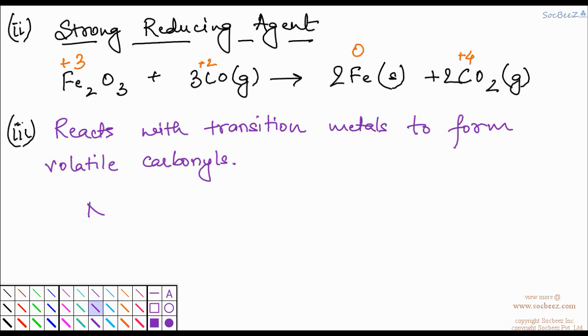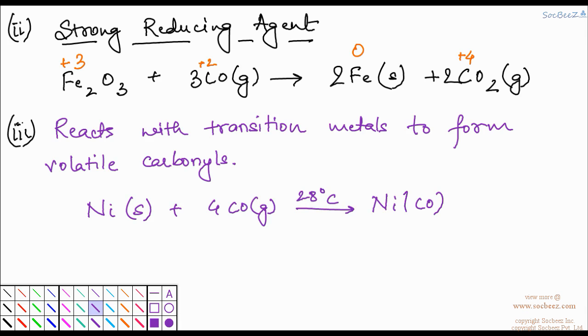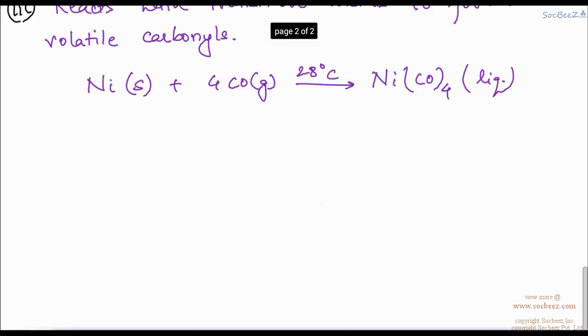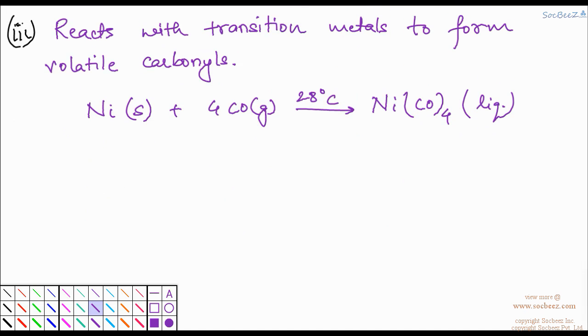The reaction is nickel. Nickel is a transition metal. It reacts with carbon monoxide gas at 28 degrees Celsius to form Ni(CO)4 liquid. Now, this is one of the properties.